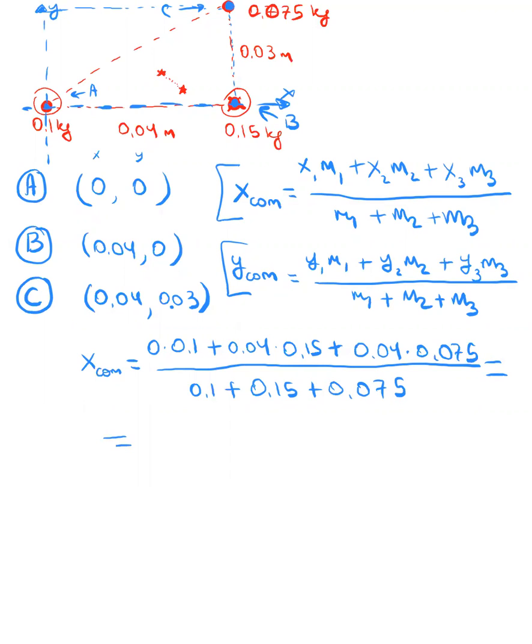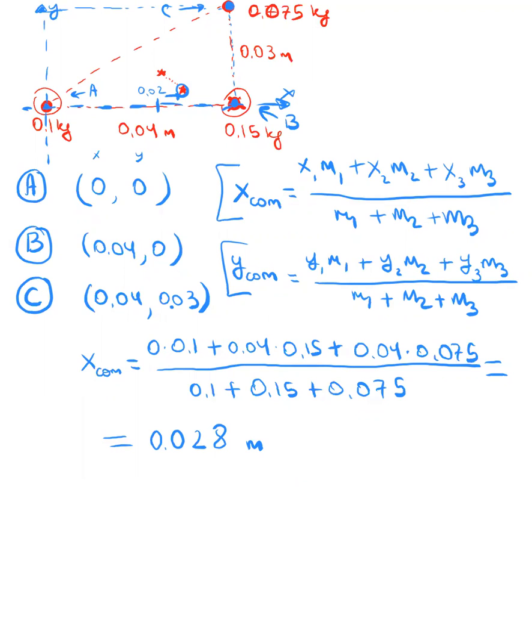Let me quickly punch these numbers into my calculator. Okay, when I crunch these numbers, I get 0.028 meters. From here to here, I have 0.04 meters. Exactly midway is 0.02 meters. So 0.028 is slightly to the right, as expected.